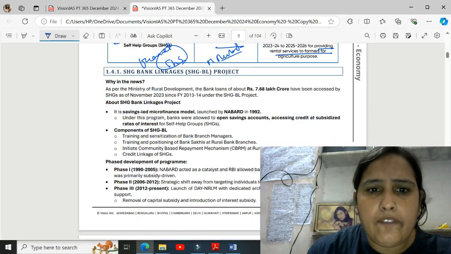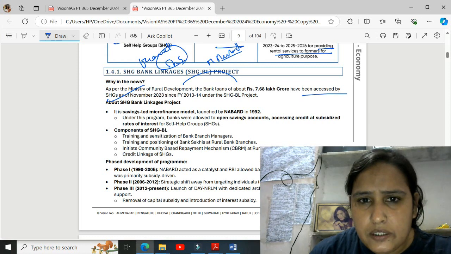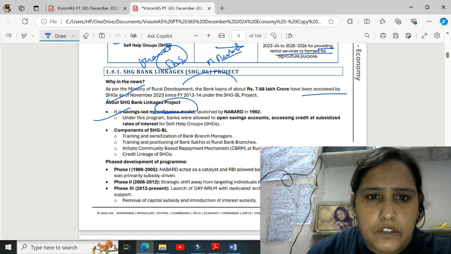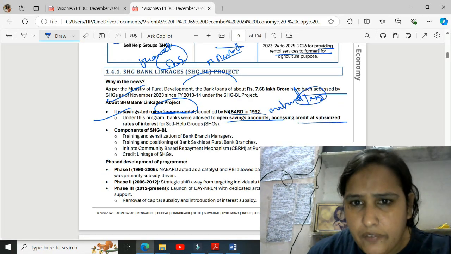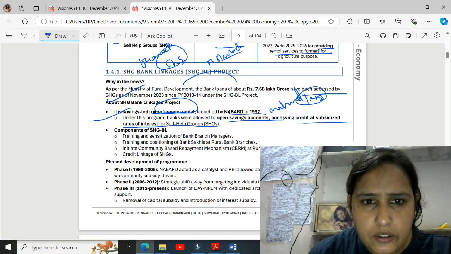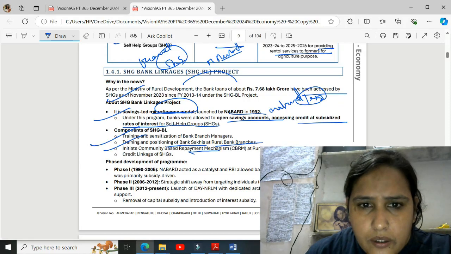Self-help group bank linkage project, in which the Ministry of Rural Development is linking the banks, saving the microfinance model of NABARD. In 1992, NABARD opened saving accounts, assessing the credit and rating for the self-help groups. Training, sensitizing, positive bank sakhis, and a prepayment mechanism for rural bank branches and linkages.